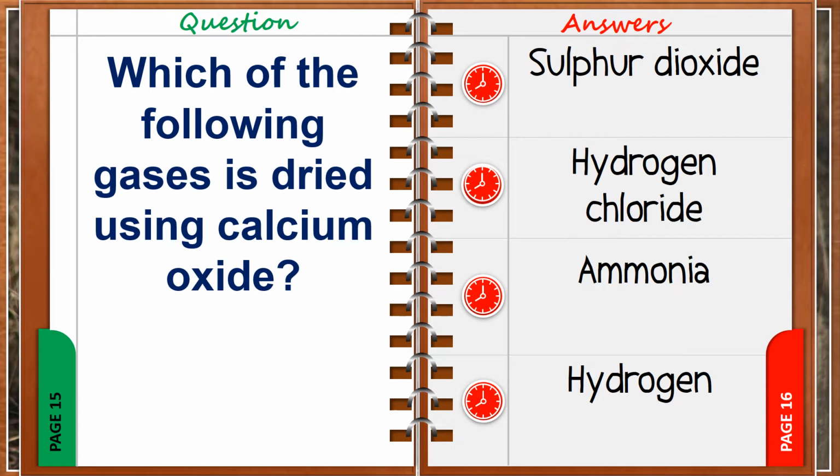Which of the following gases is dried using calcium oxide? Hydrogen.